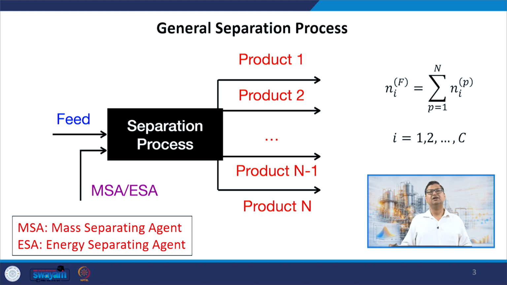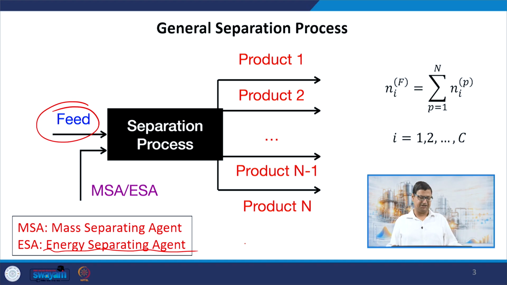You have a process, a black box, that gets some feed which can be in any phase, liquid or vapor, and then we either supply an energy separating agent, let's say the heat in the case of distillation, which is referred to as ESA, or we supply some mass separating agent, for example the absorbent, that absorbs one of the components selectively from the mixture, right?